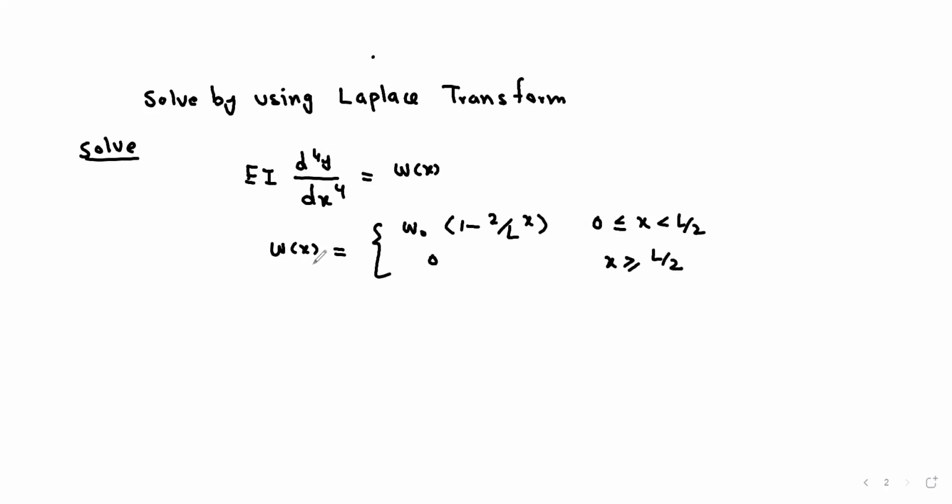So it means if I write here the condition, if we have this beam, one end of the beam is fixed and the other end is also fixed. So here this is 0 to L, and here we have L by 2. So the piecewise continuous function: the first piece is w naught into (1 minus 2/L x), and the other piece is equal to 0 when x is greater than or equal to L by 2.